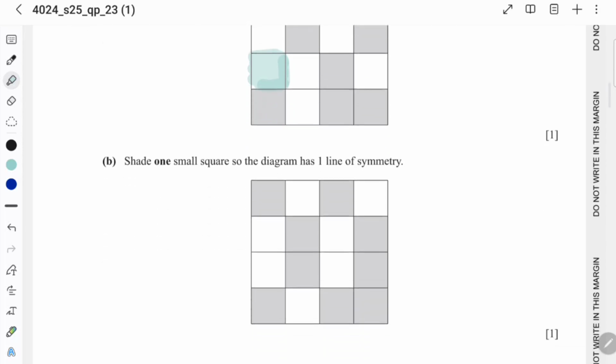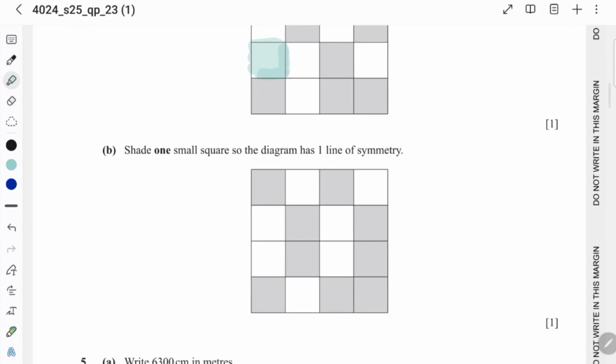Now part B: shade one small square so that the diagram has one line of symmetry. Let's try this square. We can see that it's not symmetrical because it should be here, and we cannot have the same number of squares. So let's try another, horizontally. With these two squares, it also has four lines of symmetry.